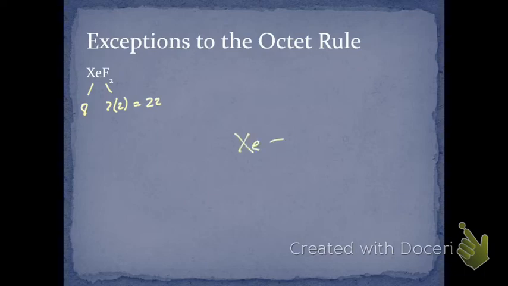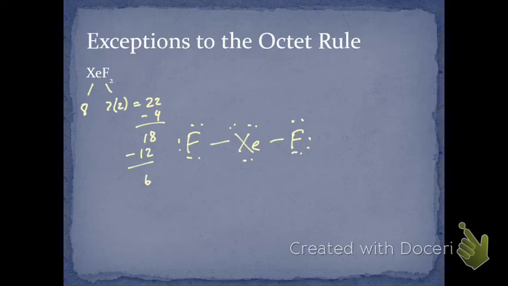Xenon is bonded to fluorine. I use up 4 on the bonds, then 12 on the fluorines, for 16 total. That leaves me 6 electrons that I have to put on xenon. So xenon disobeys the octet rule. It's a weird one, but that's what happens.